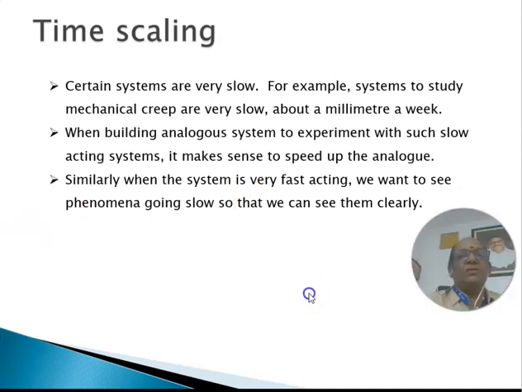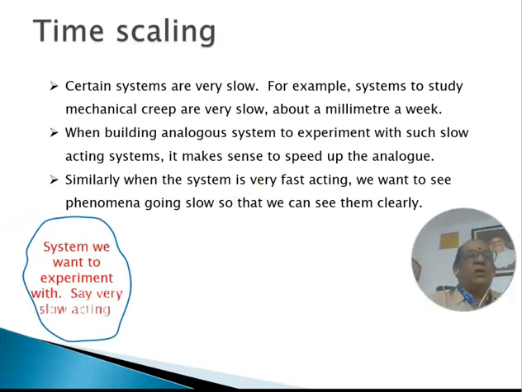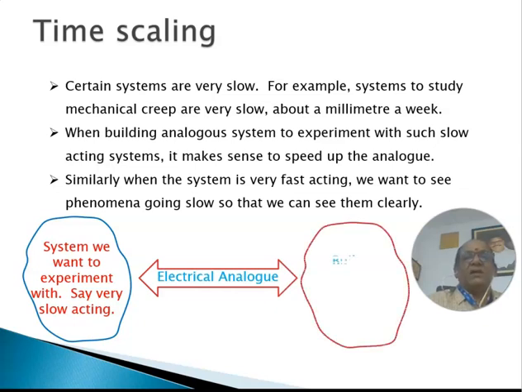I'd like to show a picture wherein we have a mechanical system which is very slow acting. So conducting experiments on it will be very slow. It may take hours and days. For such a system, we want to build an electrical analog which is fast acting.